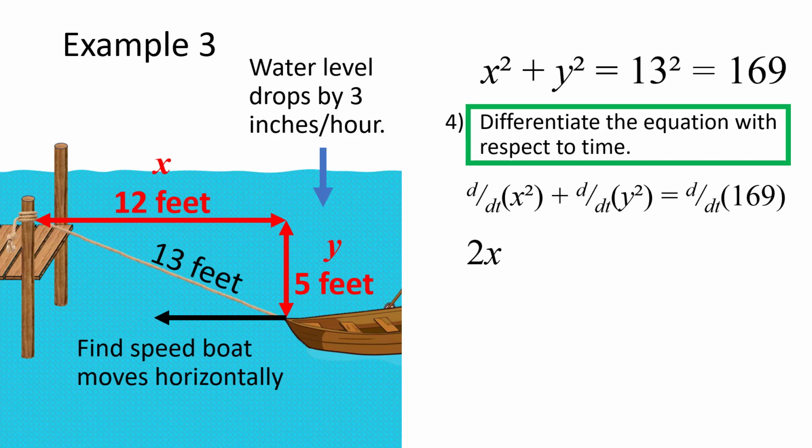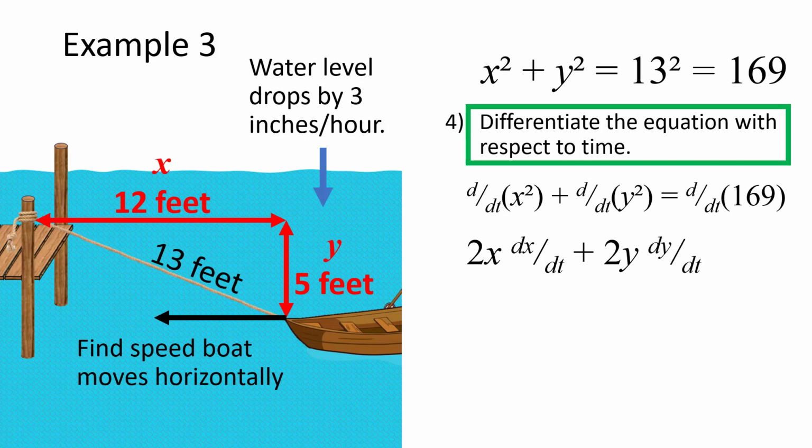That gives us 2x dx/dt. The derivative of y squared works the same way. We get 2y multiplied by the derivative of the quantity inside the square. The variable inside the square is y, so we need dy/dt.